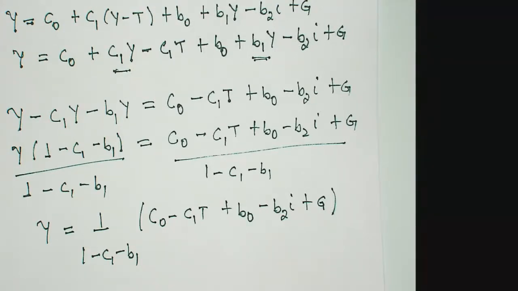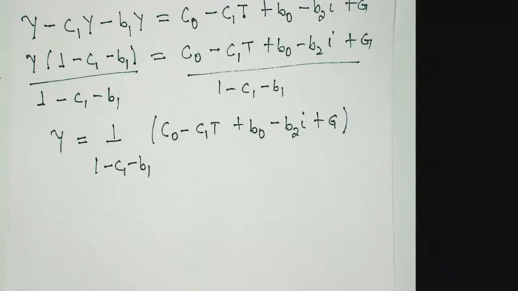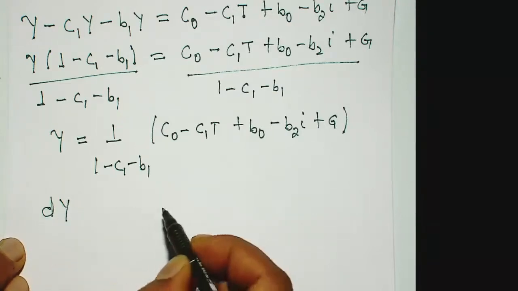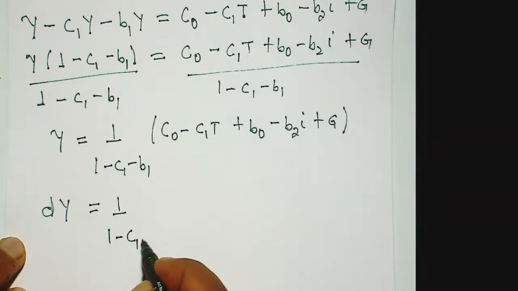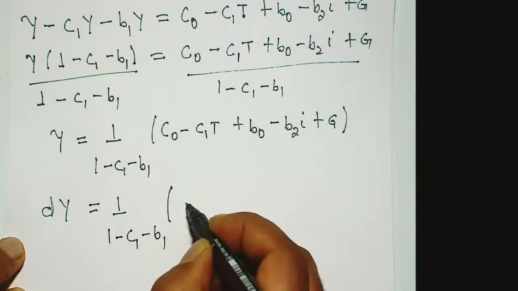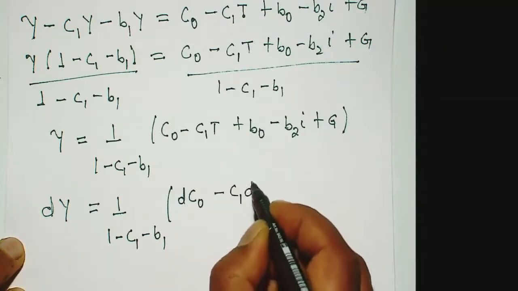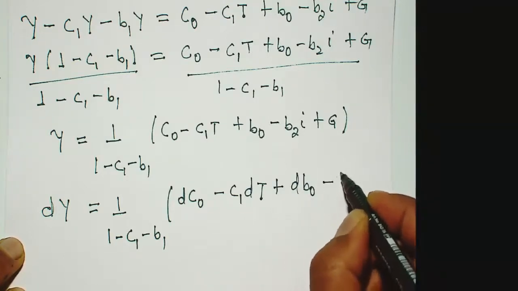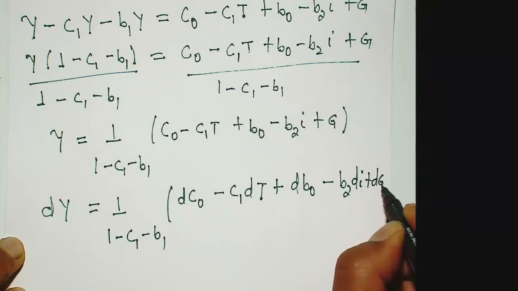Again, to calculate the slope of our IS curve, we would take the total differential of our equation. When we take the total differential, we would have dy on the left hand side. We would have our term 1 over 1 minus C1 minus B1, and in the bracket we would have dC0 minus C1 multiplied by dt plus dB0 minus B2 di plus dG.